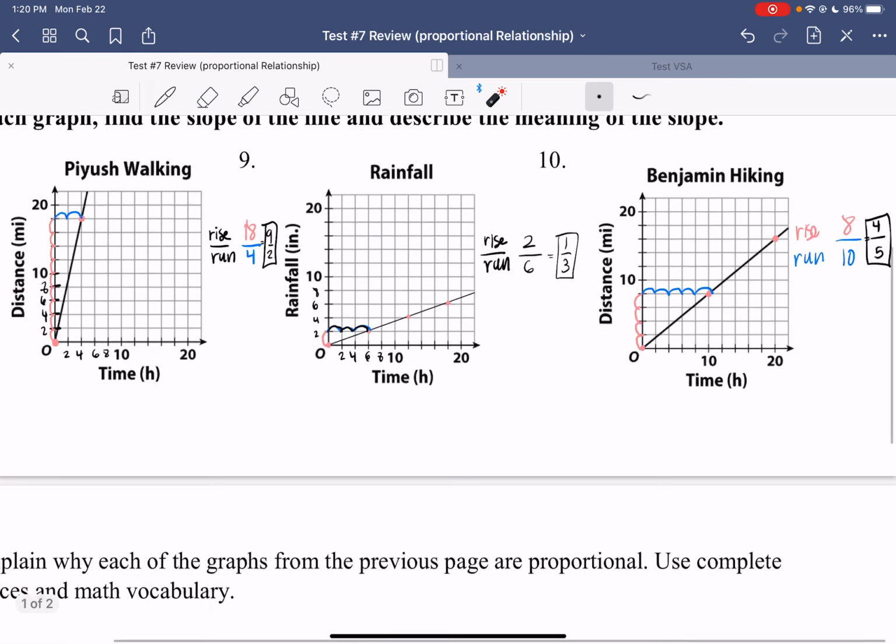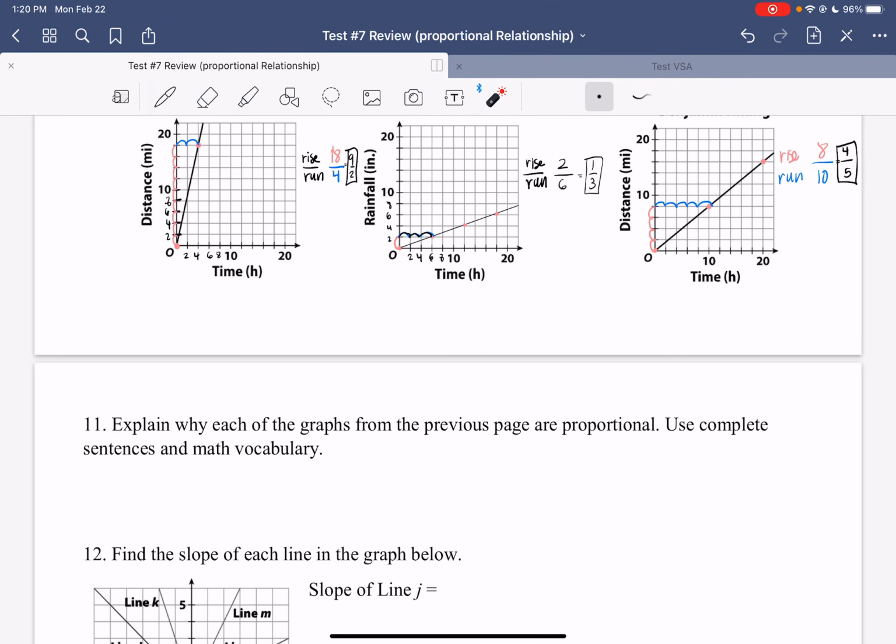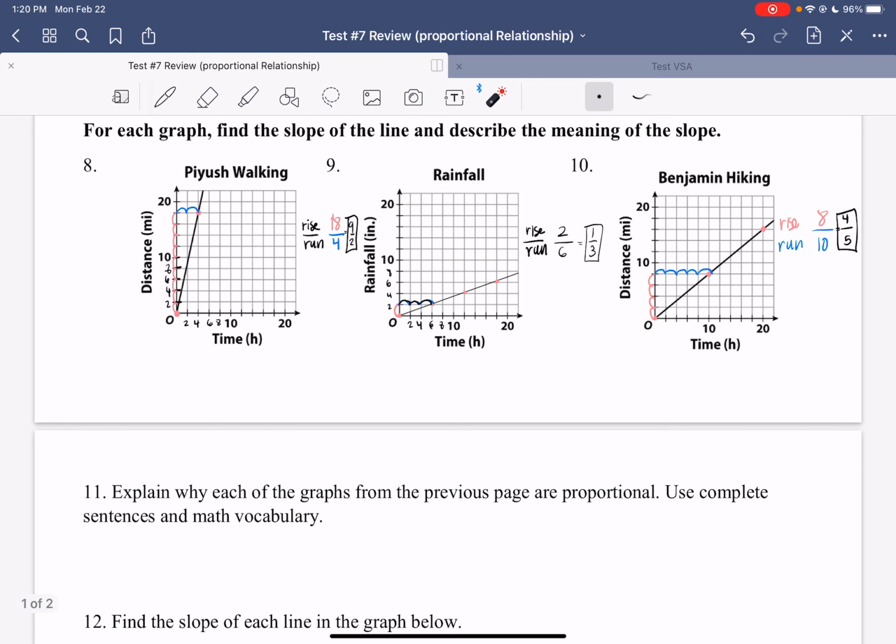Okay. On number 11, it says explain why each of the graphs from the previous page are proportional. Use complete sentences and math vocabulary. We know that each of these pass through the origin, and in order for a graph to be proportional, it has to pass through the origin and be a straight line.